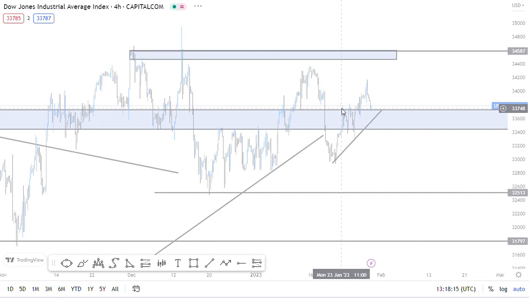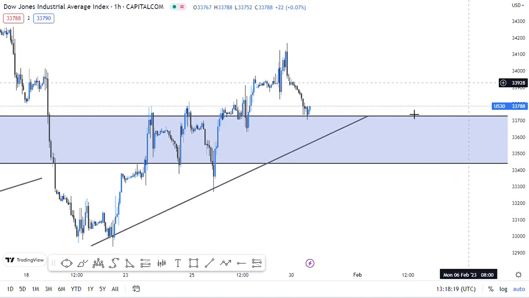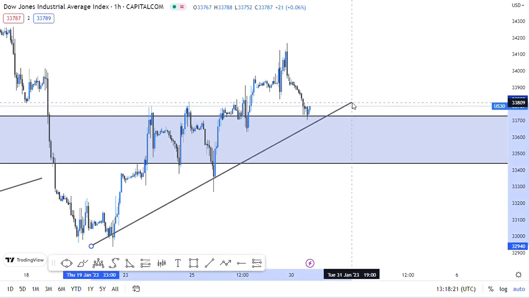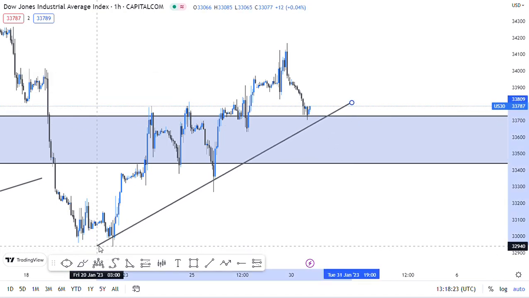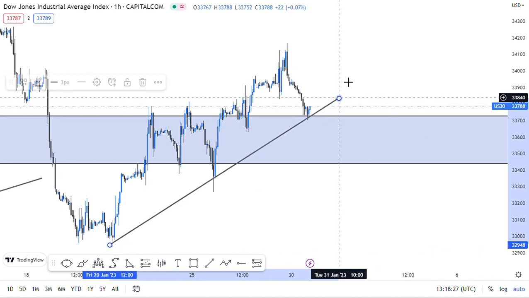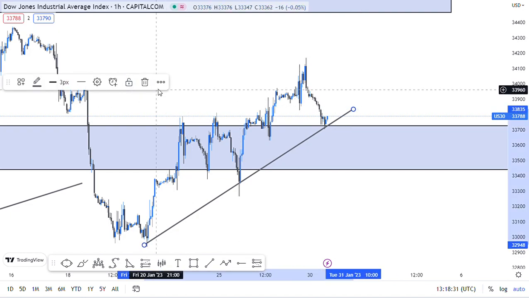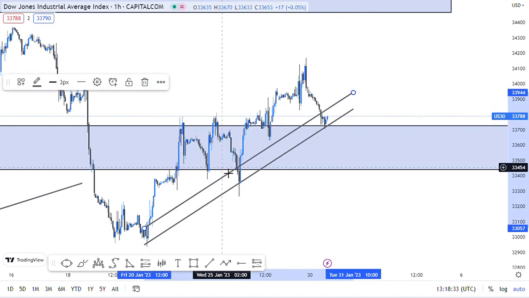Now the H1, adjust. This might be our third touch right now, if I'm taking a look at this one.